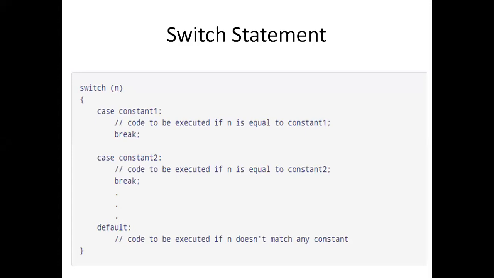Okay, so switch means what? Suppose you have multiple operations, just like addition, subtraction, division, and multiplication. Suppose you have 4 different operations and you are going to provide 2 variables.